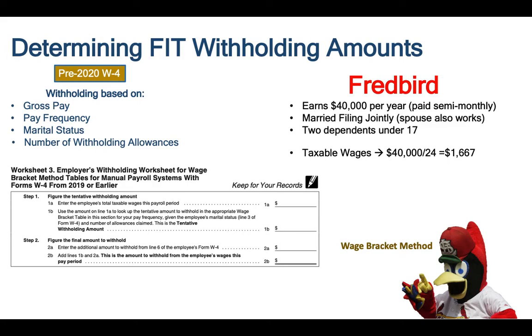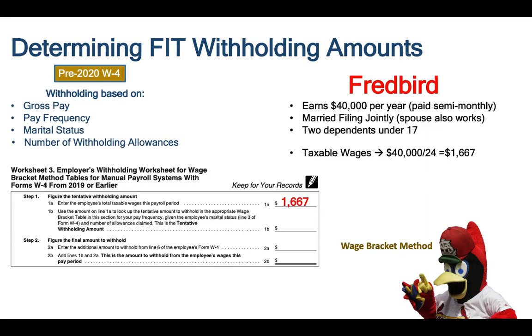He's earning $40,000 per year, semi-monthly, which means $1,667. Now, there could be other things that affect the taxable wages, but in our scenario here, we're just trying to keep it simple to go through these different methods. So we put in 1,667.